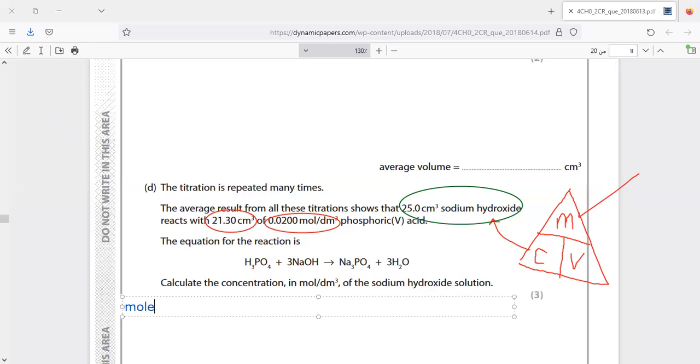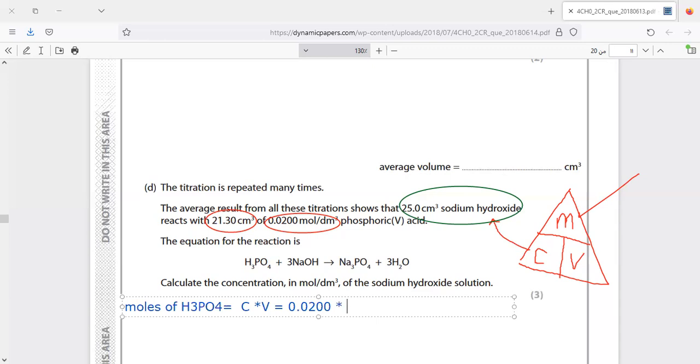So moles of H3PO4, phosphoric acid, equal concentration multiplied by volume, from the third triangle. What is the concentration in the question? 0.0200. Mohamed, are you with me? Yes.